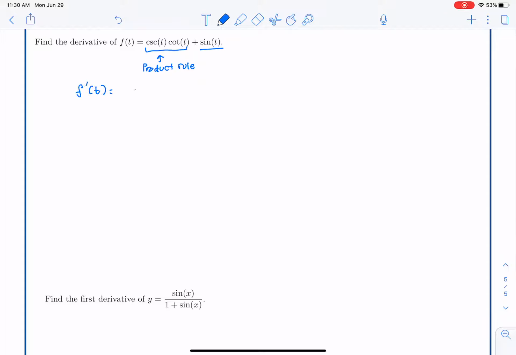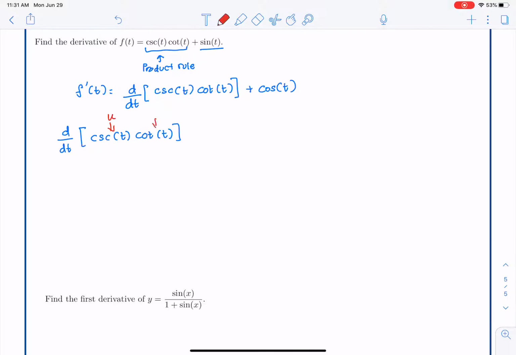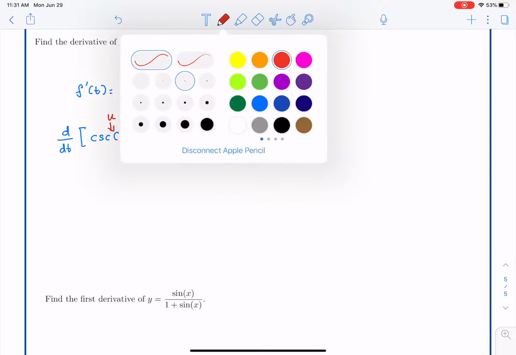So d over dt of cosecant t times cotangent t, derivative of sine t is simply cosine t. So the derivative of cosecant t, cotangent t, we have to find it using product rule. So that would be u, and that is v.